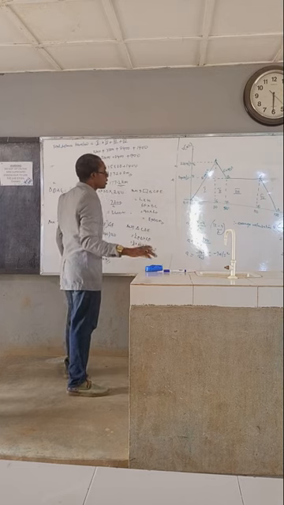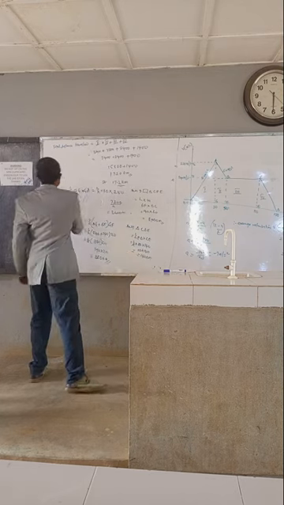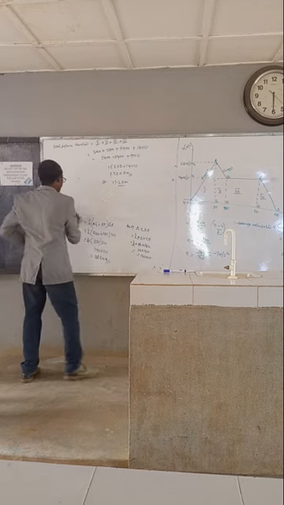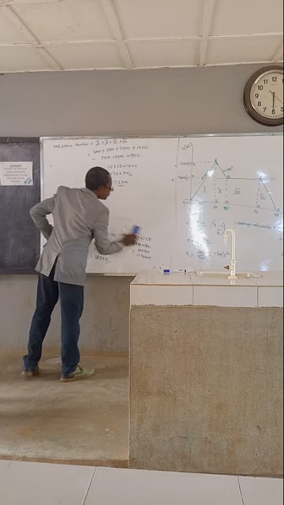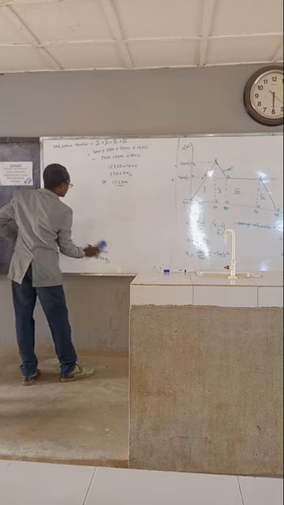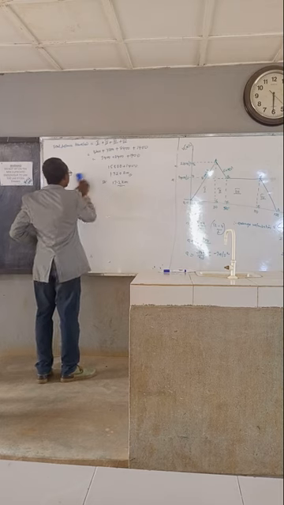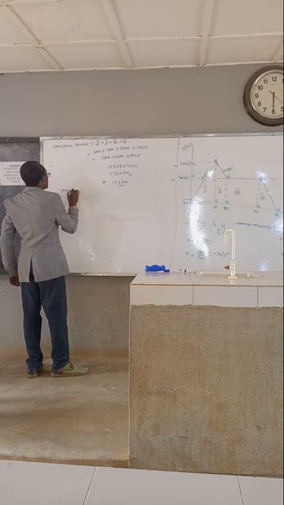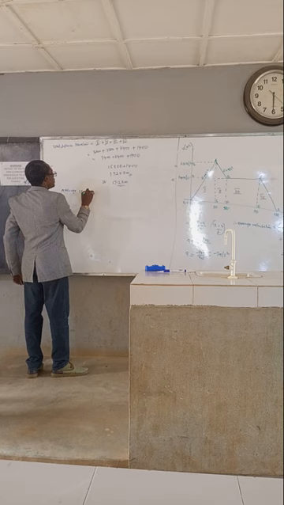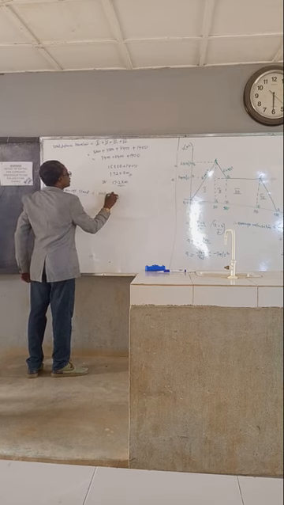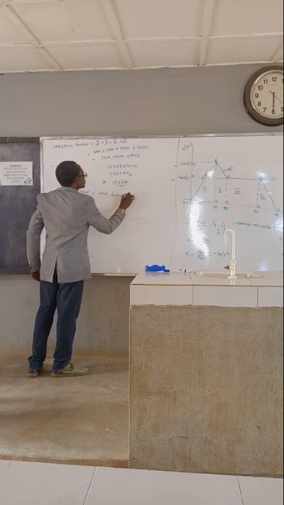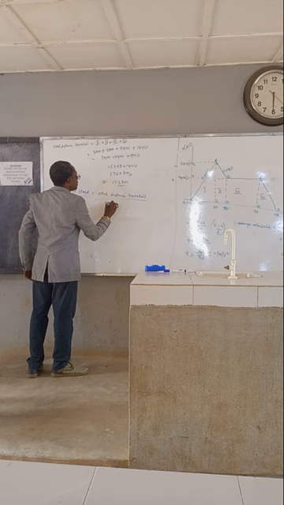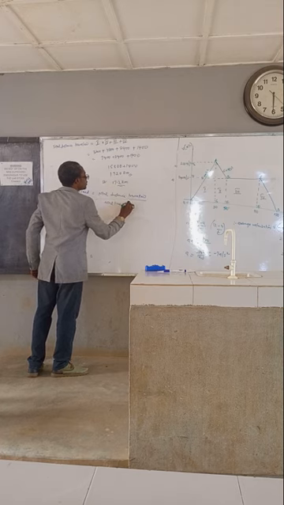That's the total distance I was traveling. Now, the last part of the question says we should find the average speed. Remember, this average speed is the ratio of the total distance traveled to the total time. So average speed becomes equal to total distance traveled divided by total time.